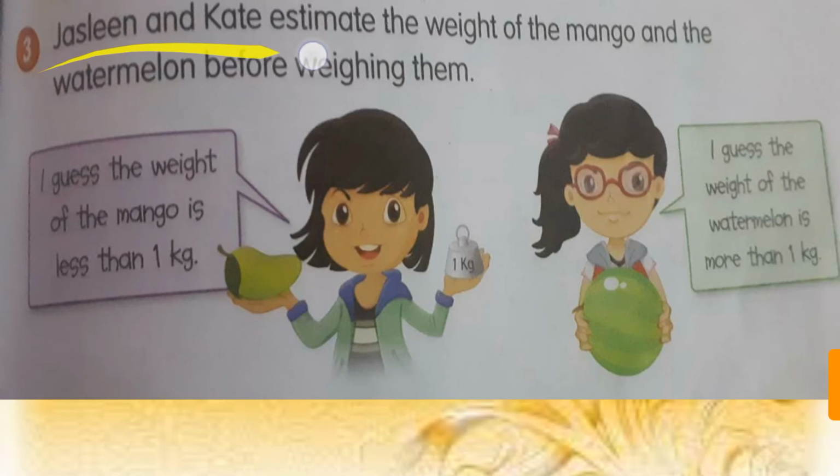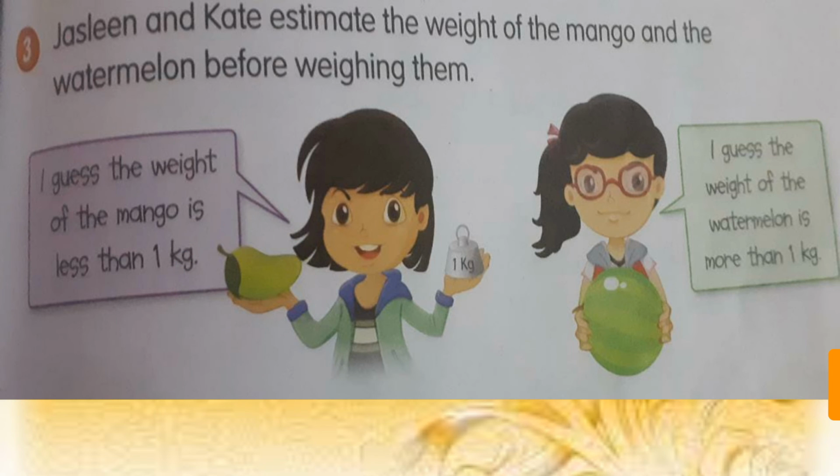Jocelyn and Kate estimate the weight of the mangoes and the watermelon before weighing them. I guess the weight of the mango is less than 1 kg. Is her guess right or wrong? I hope her guess is right, because 1 kg is heavy, but the weight of one mango is definitely less than 1 kg.